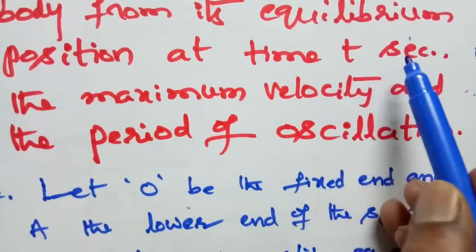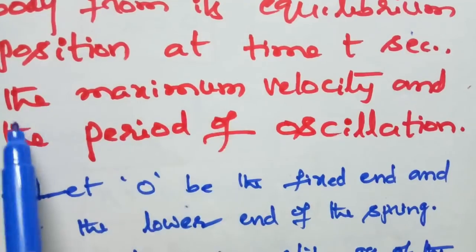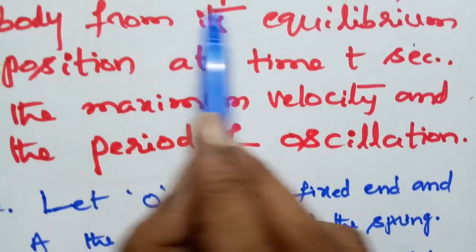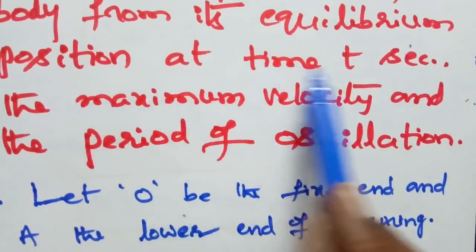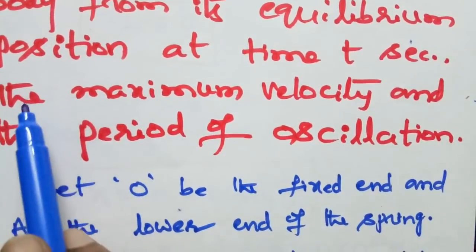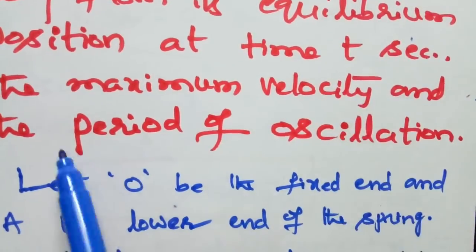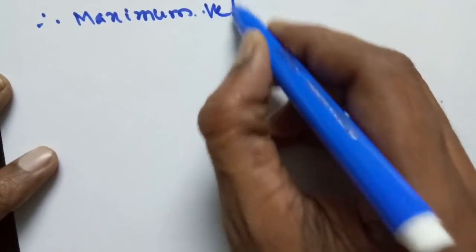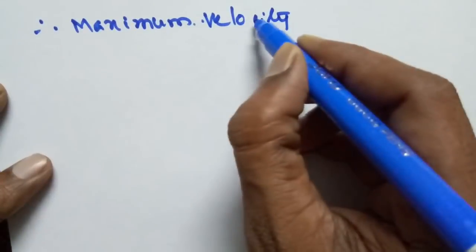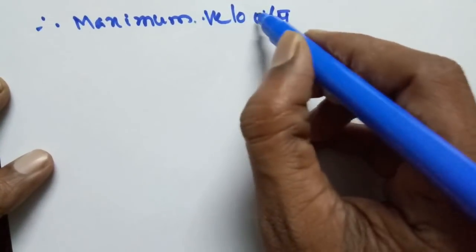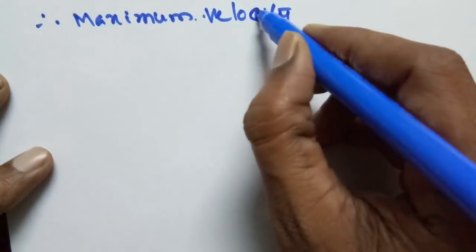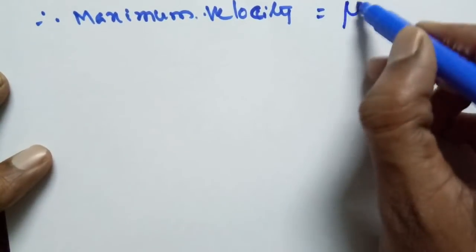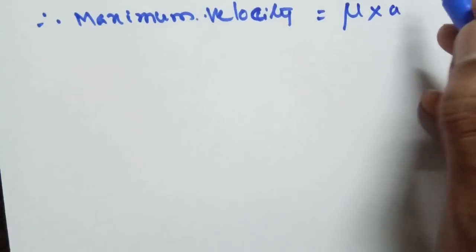In the problem, we were asked to find the displacement of the body from its equilibrium position at time t seconds. We calculated that. Also, the maximum velocity and period of oscillation. Maximum velocity formula is mu into amplitude.